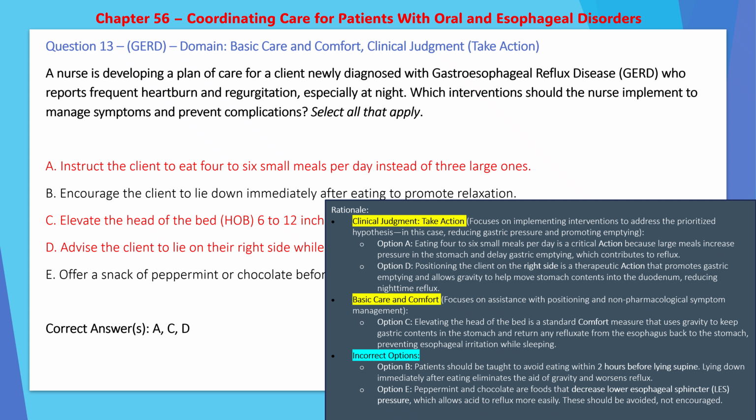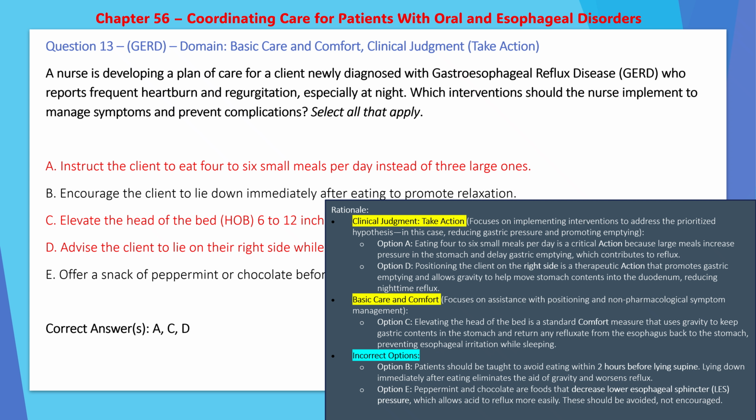They are correct because clinical judgment, take action, focuses on implementing interventions to address the prioritized hypothesis, in this case reducing gastric pressure and promoting emptying. Option A, eating 4 to 6 meals per day, is a critical action because large meals increase pressure in the stomach and delay gastric emptying, which contributes to reflux.